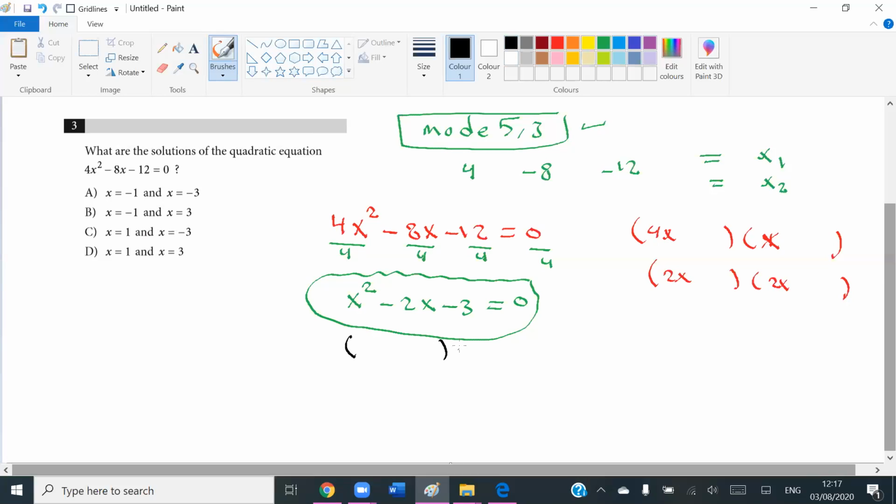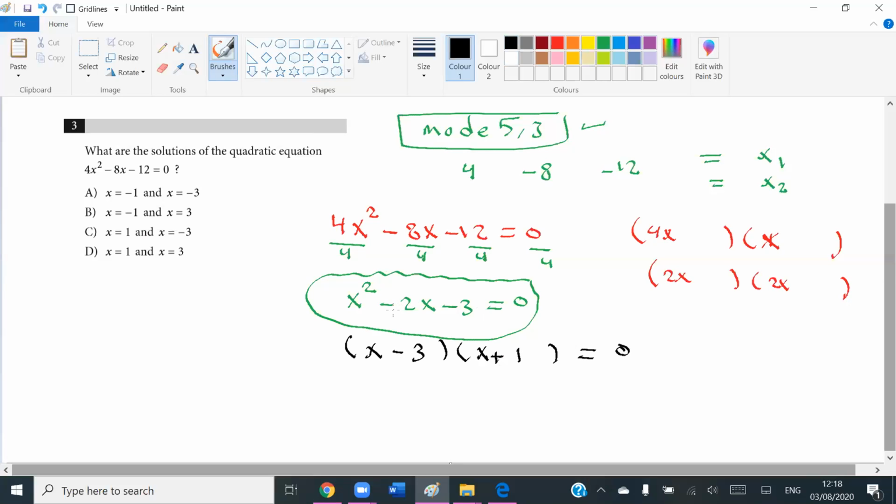We put two parentheses like this, equals 0. Now this is x times x, and the negative 3 means negative 3 times 1. Of course, if you multiply negative 3 times positive 1, it will be negative 3. And the greater number will be negative, like the middle term.